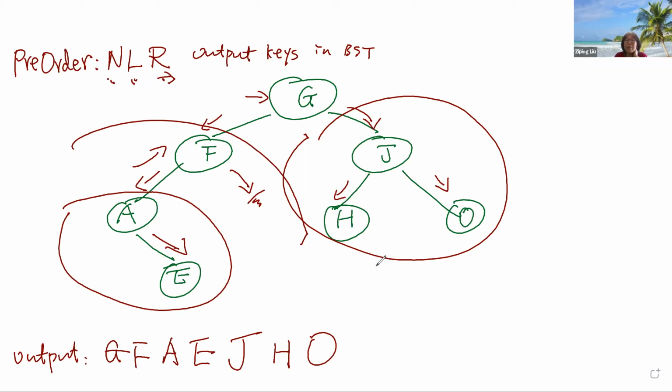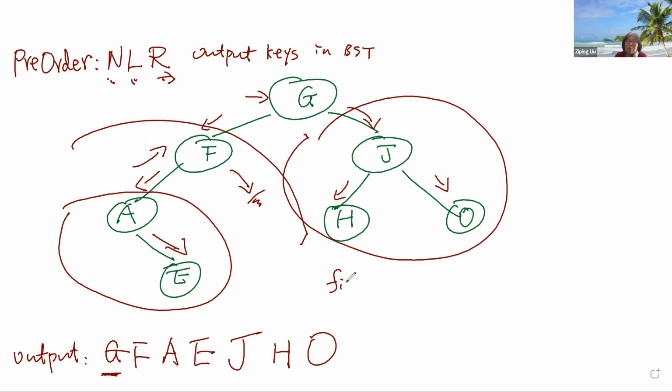If we take a look at pre-order, it also involves the backtracking concept. And if we take a look at pre-order, who is going to be the first node to be visited? Output.